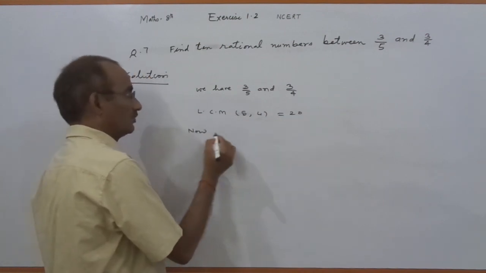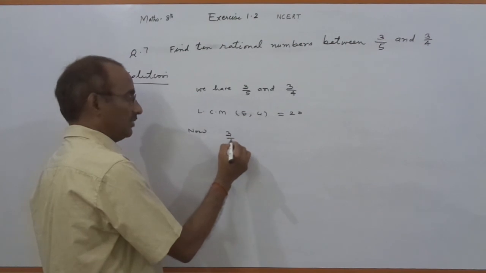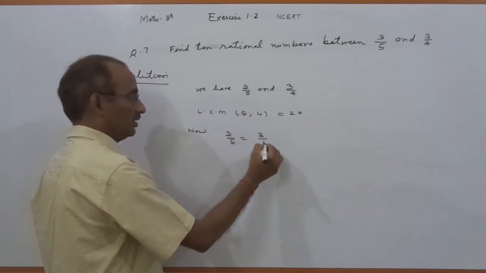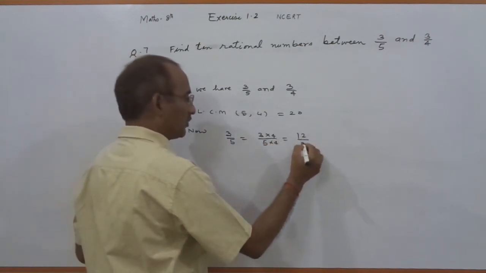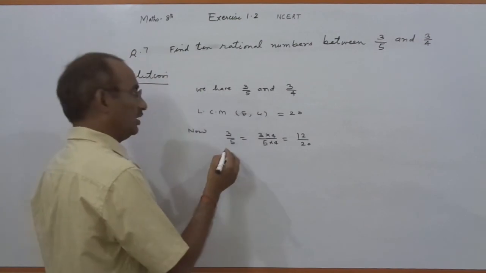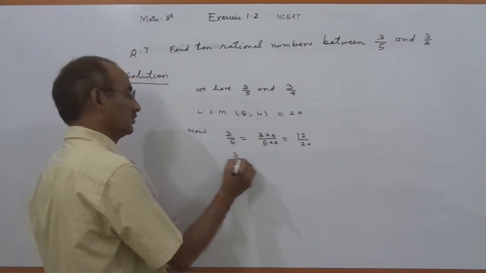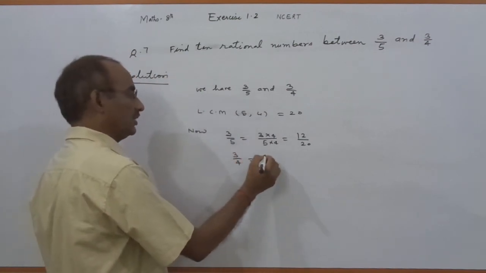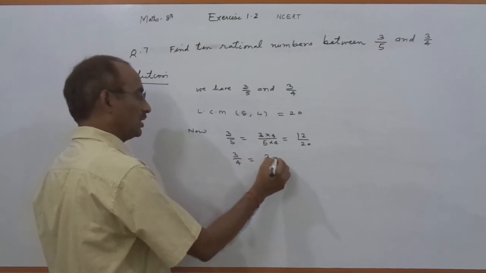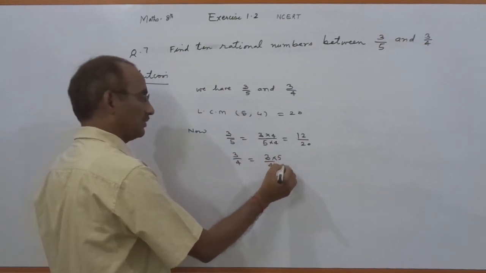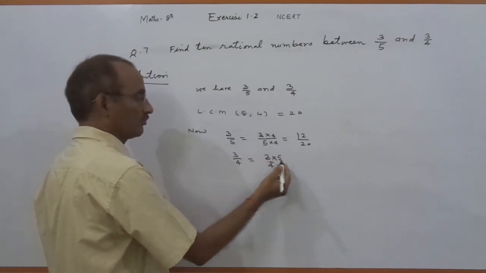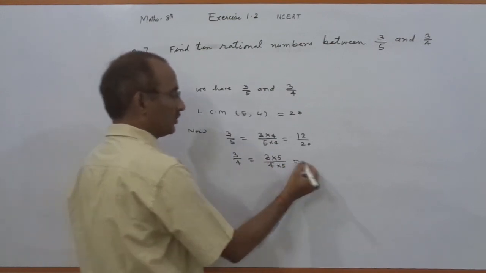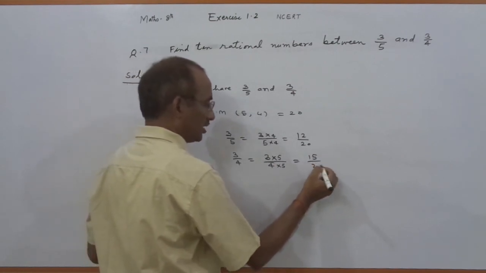Now 3 upon 5 can be written as 3 upon 5 multiplied with 4 by 4. So we get 12 upon 20. And 3 upon 4 can be written as 3 upon 4 multiplied with 5 upon 5. So we get 15 upon 20.